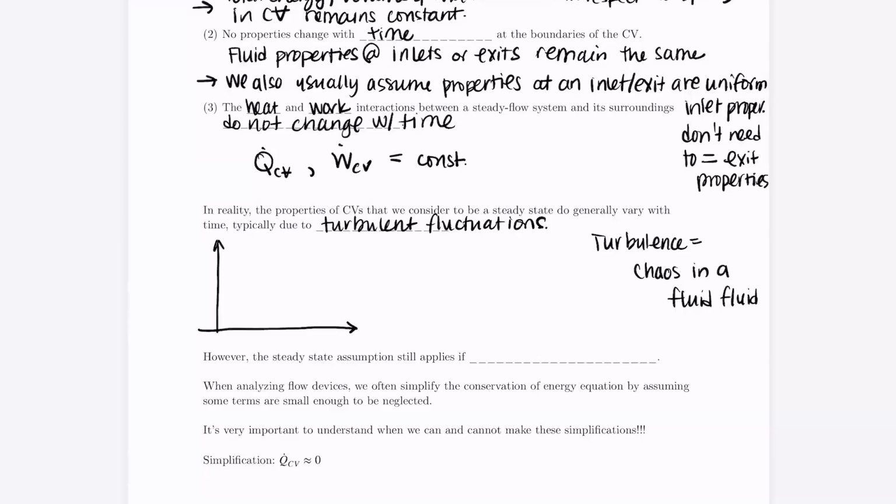And the opposite of turbulent flow is called laminar. That is very smooth and organized and predictable flow, which if we were to look at something like the velocity versus time for a laminar flow, it would do something like this.